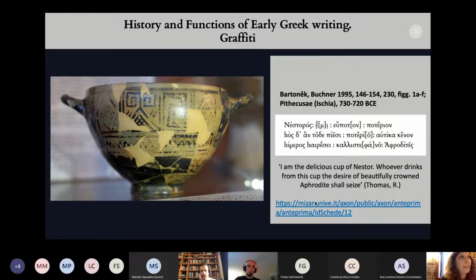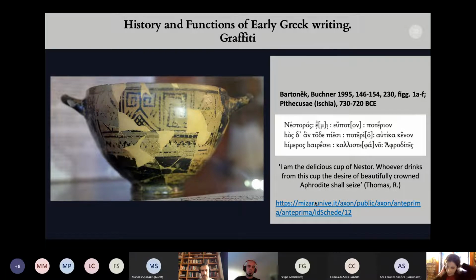It's a spectacular exception, I would say. So you have to think about this evidence as an exception in a big landscape of inscriptions of one word, one name, one letter, even not inscriptions, but signs and marks.